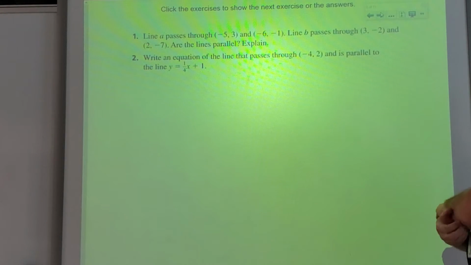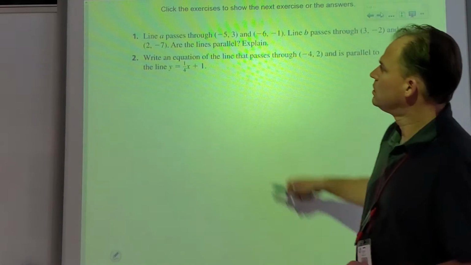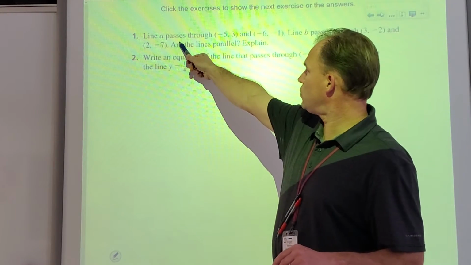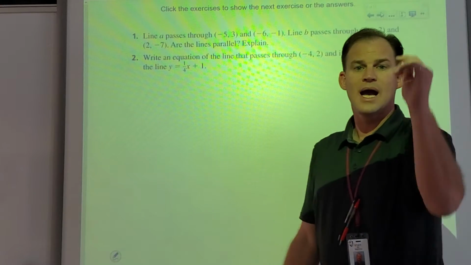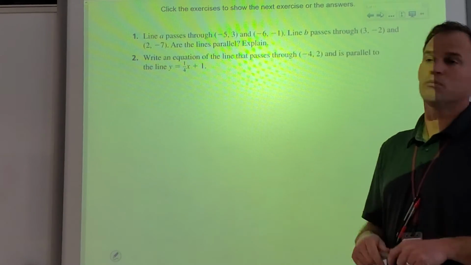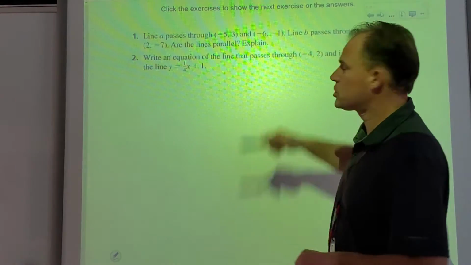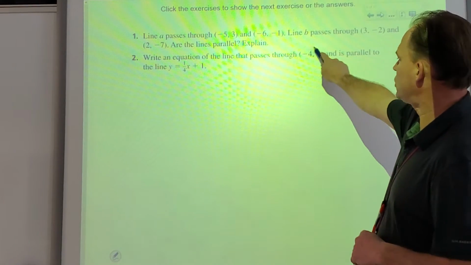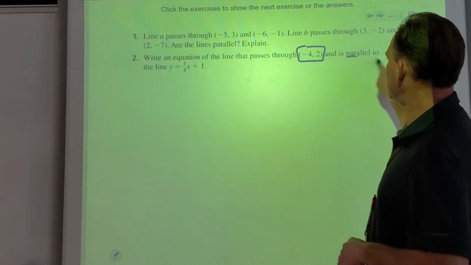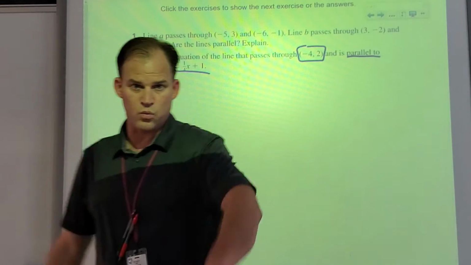So, if it tells you line A passes through a couple of points, line B passes through a couple of points, how can you tell if they're parallel? You find the slopes. Find the slope of the first one, find the slope of the second one. Same slopes means parallel. Write an equation of a line that passes through and is parallel to this. Let's do this one more time.